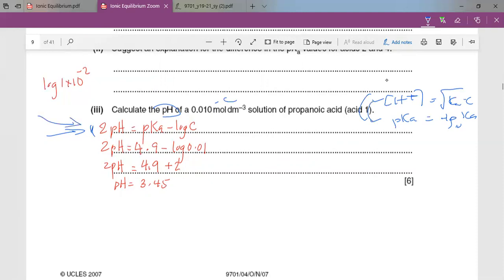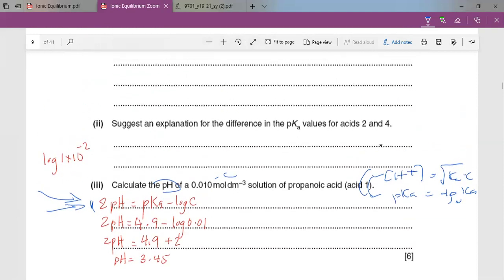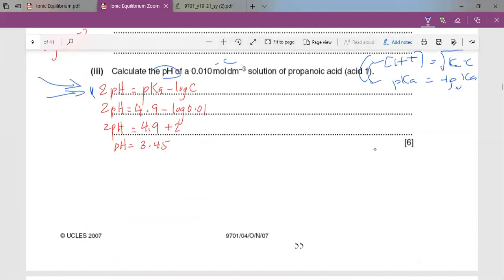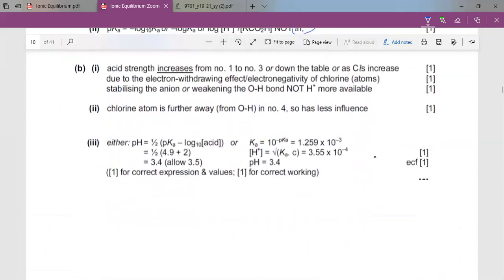I prefer this one here. Now see how I use this formula: pH equals half pKa, and I got my pKa as 4.9. Simple as that, 4.9. Log concentration is given here, and you get the answer straight away. I show 2 ways here.